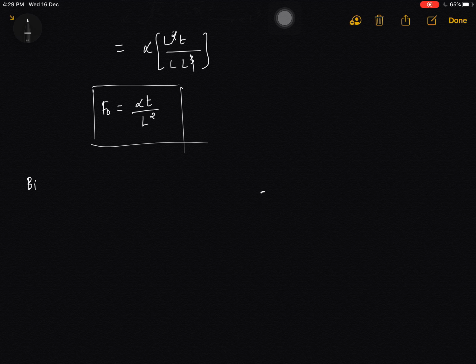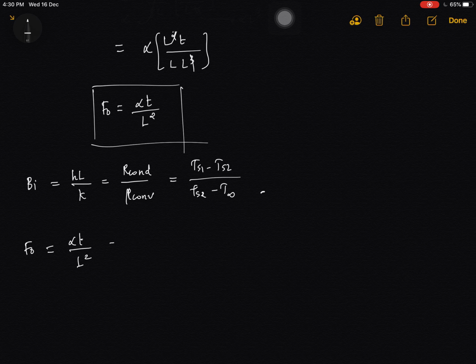So the dimensionless numbers present in the lumped capacity model are the Biot number, which is hL by k, which is R conduction by R convection, and is (Ts1 minus Ts2) by (Ts2 minus T infinity), and the Fourier number, which is alpha t by L squared, which is Q dot by du by dt.